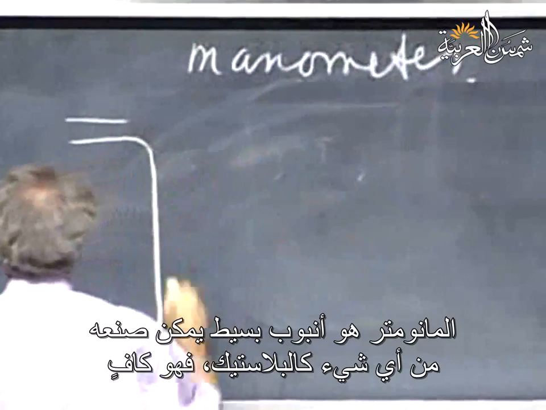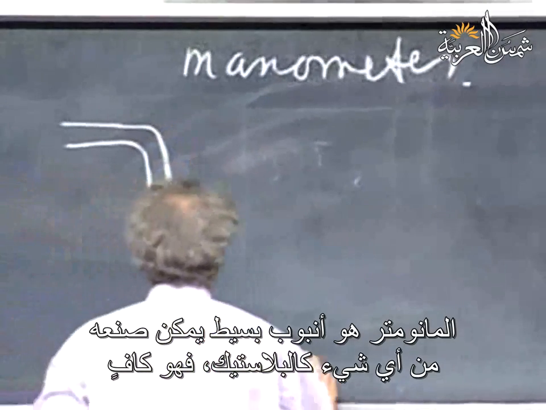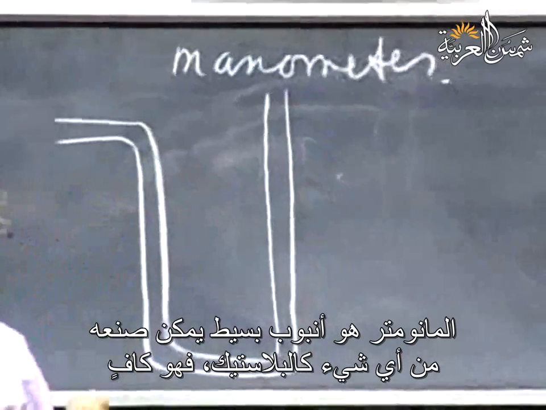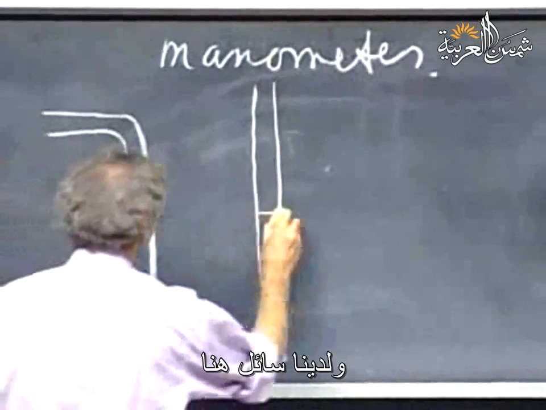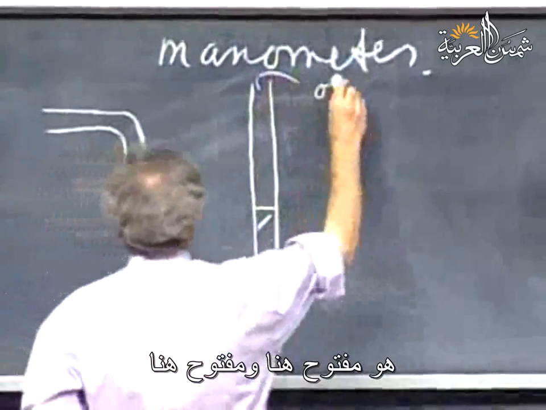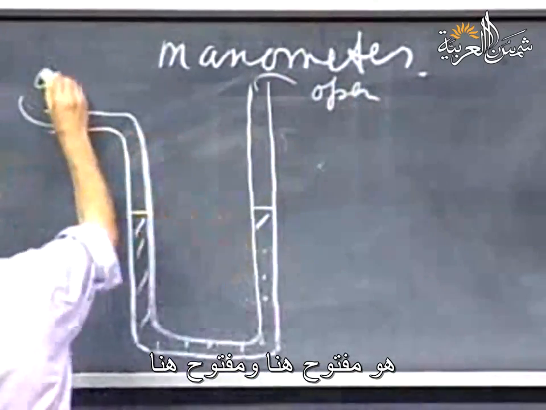A manometer is a simple tube. It could be made of anything, but a plastic tube was fine. And we have liquid in here. It's open here, and it's open here.